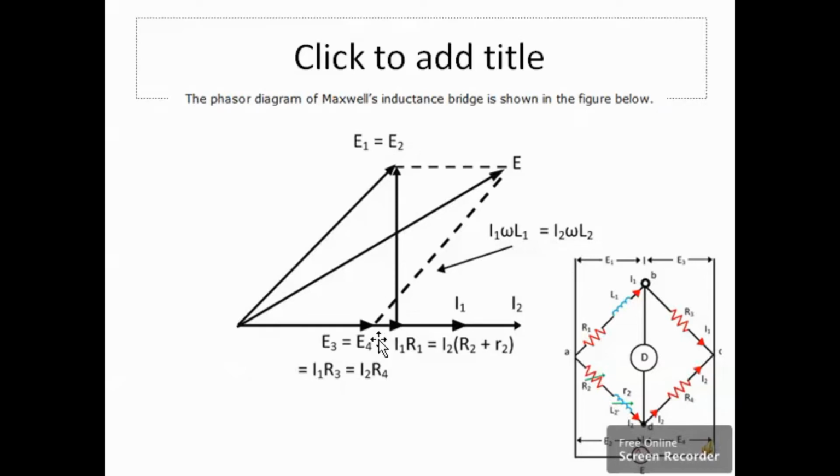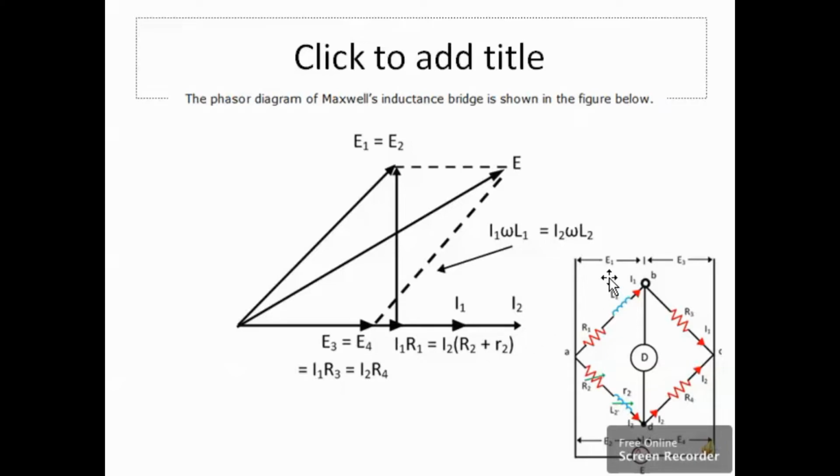And next, here we have I3. E3 is equal to this I1 into R3. So I1 R3 is here. I1 is in series with this I1 R3. So this is equal to E3. So at balance condition, this E3 must be equal to E4. So we can write E3 is equal to E4.